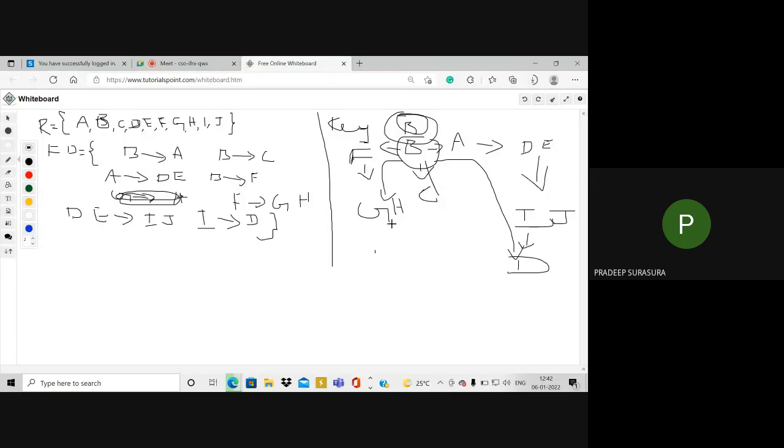First, once you know the key, you can start writing the first normal form definition. R is in 1NF if all the values in R are atomic. That is the first normal form definition, and you can see that R satisfies 1NF. There is absolutely no problem or violation for 1NF.